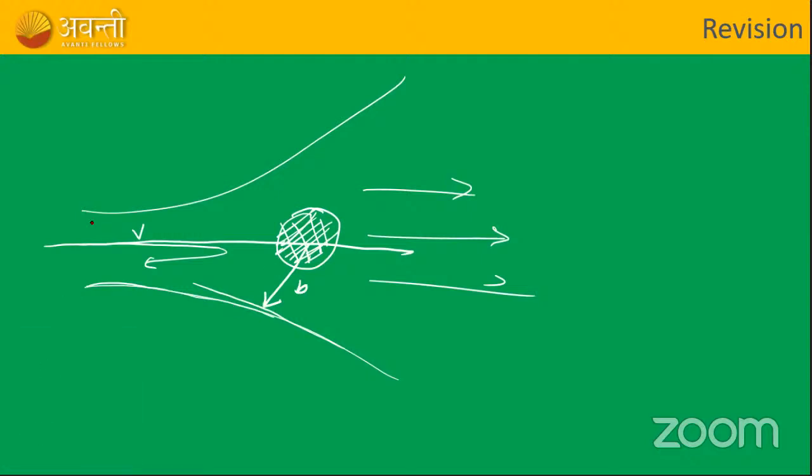I'm going to draw one line passing through the center of the nucleus as my reference point, and this is the trajectory of the particle. This nucleus comes in, deviates and goes back like this. Next, I take the perpendicular distance from this line to this line. That will be the impact parameter b.